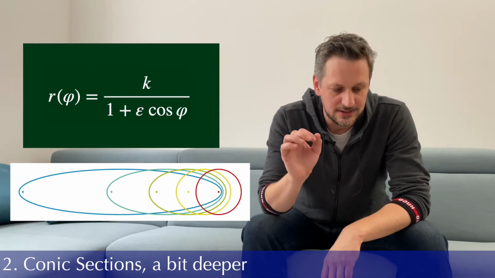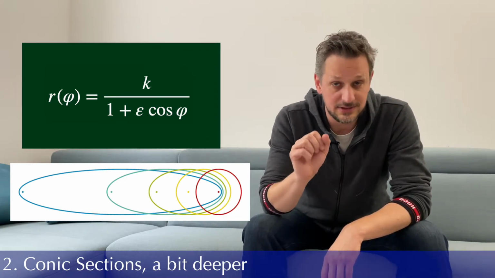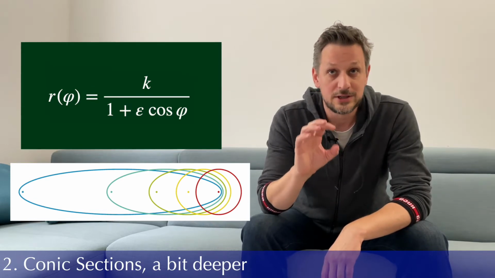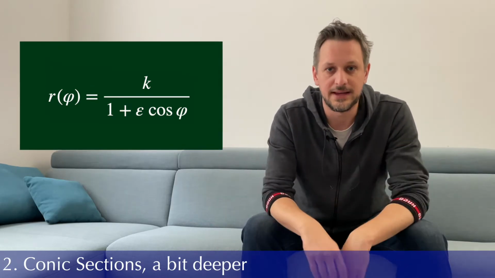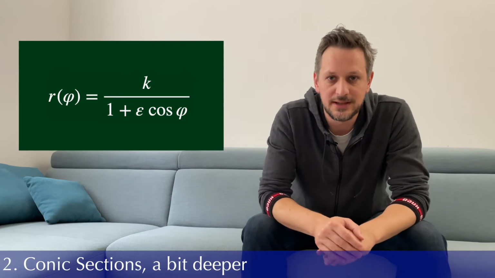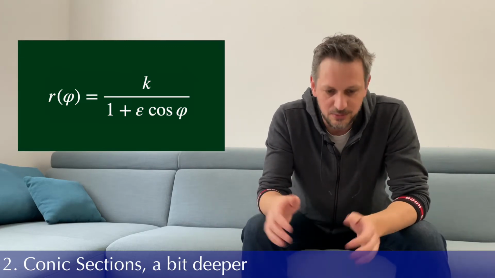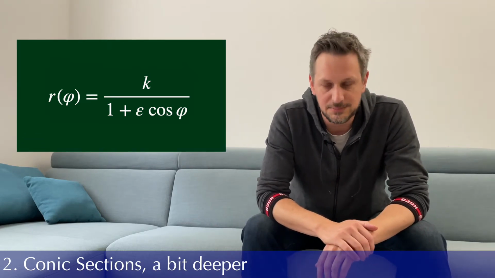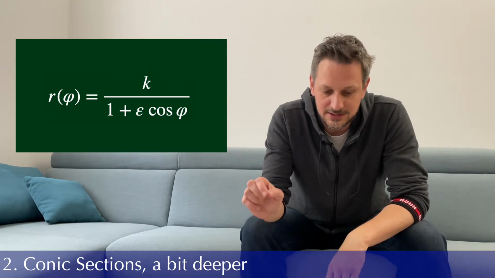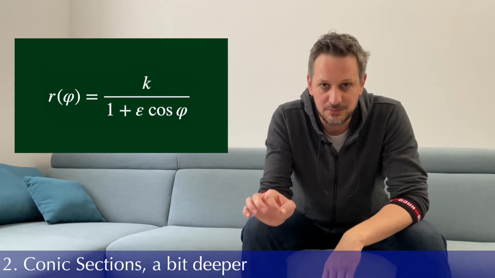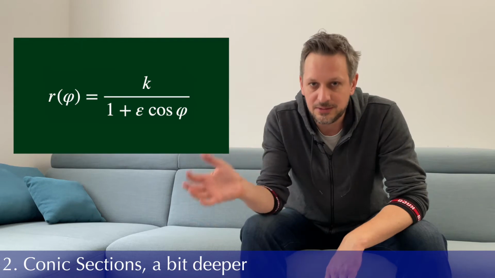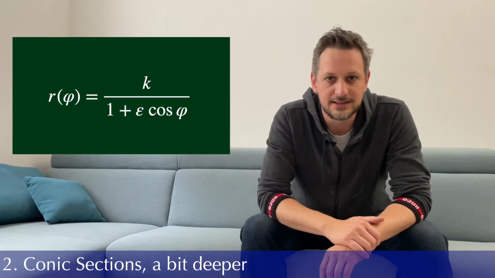The eccentricity epsilon decides which form of curve you get. For epsilon equal to 0, you get a circle. Between 0 and 1, you get different ellipses. For epsilon equal to 1, it's exactly the parabola. And for values greater than 1, you get hyperbolas.